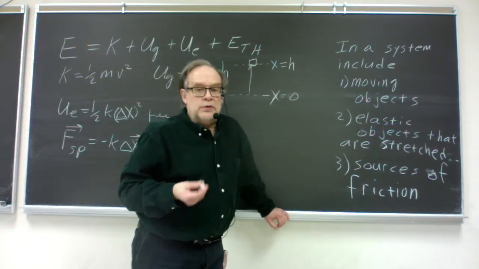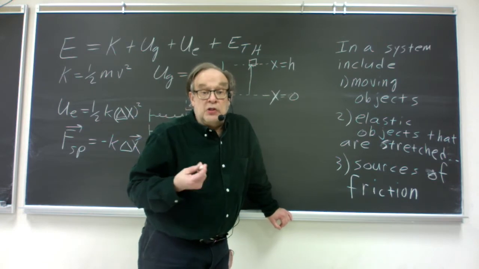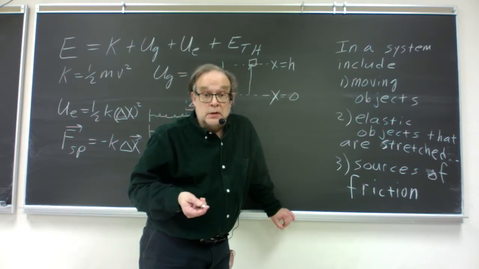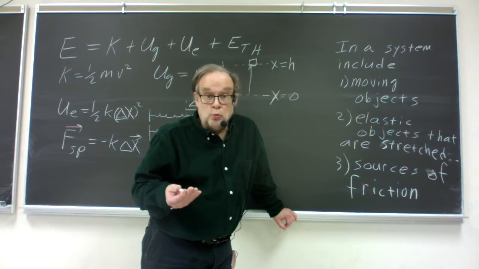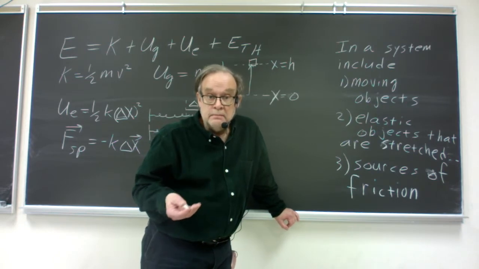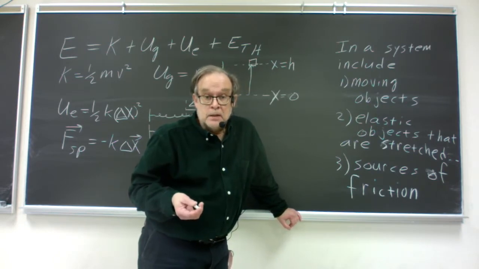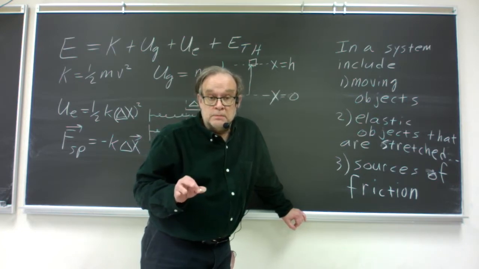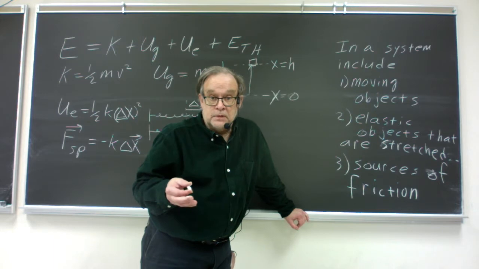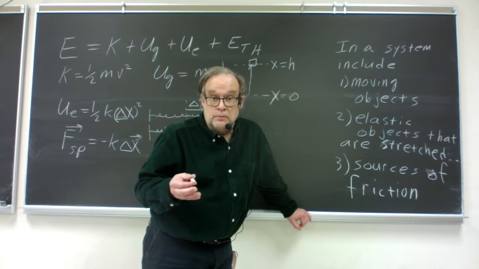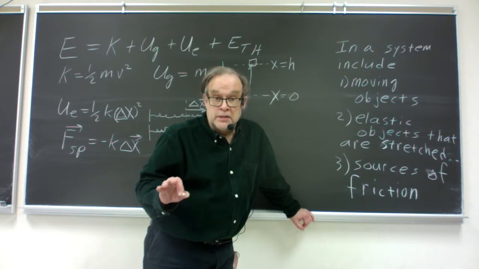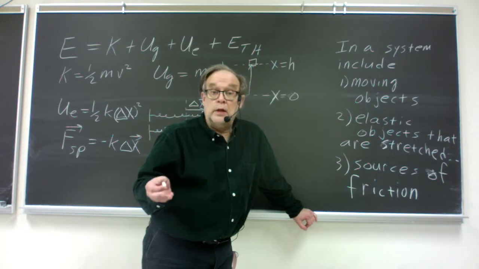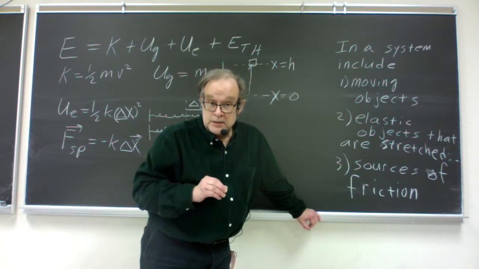So when thinking about a system, the first thing to think about is what objects should be in that system. The object is to choose the objects so that under as many different circumstances as possible, the total energy of the system stays constant.